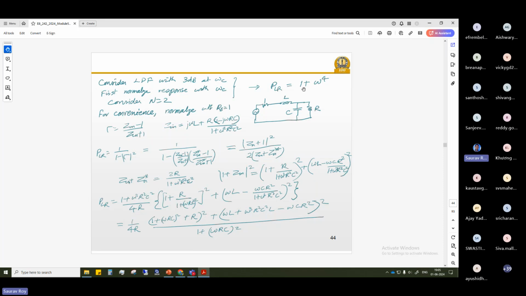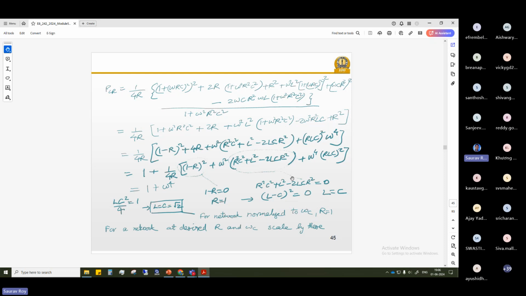Input impedance, if you know, you can calculate loss ratio. And let's say we want to calculate 1 over omega to the power 4. N is 2, right? N is 2 is what we are trying to calculate, a second order filter. Then if you calculate all these things, you will get an equation in terms of this R, C, L, everything. If you expand this, for certain values of R, L, and C, you can get 1 plus omega to the power 4.